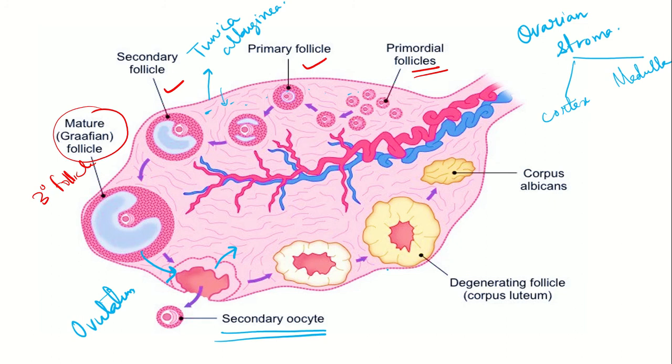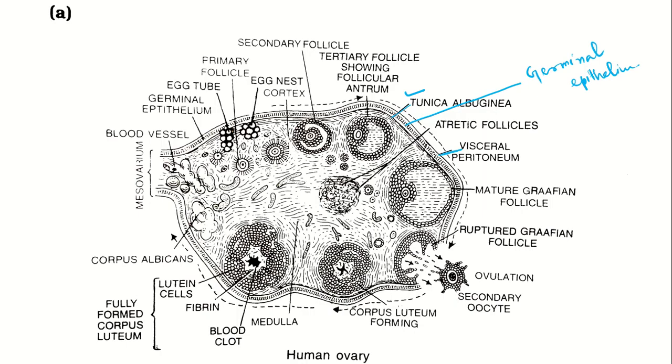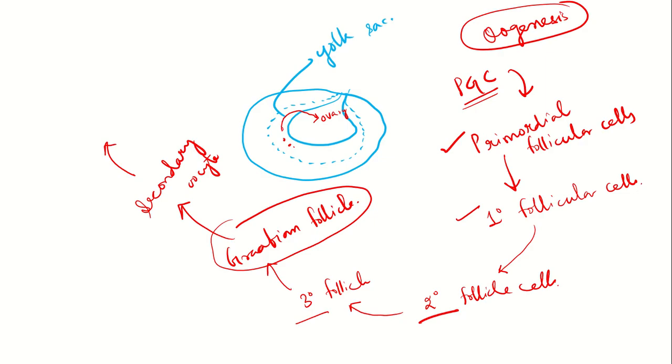See here, first the corpus luteum is formed, then it matures. This is the matured corpus luteum, and if fertilization does not take place, it degenerates into a white scar-like structure, the corpus albicans. So this is the whole structure of the ovary. Hope this is clear.